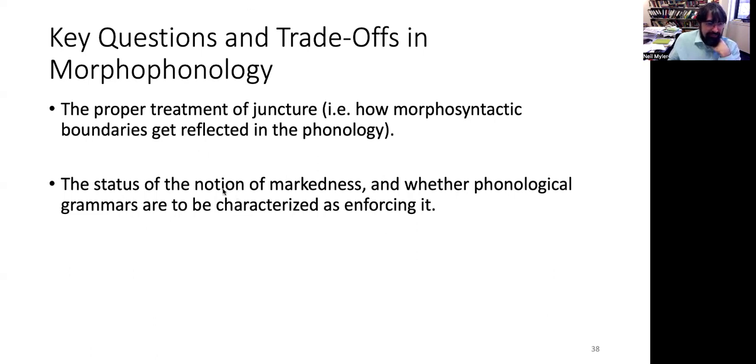I've made my opposition clear to a universal notion of markedness that's internal to phonology, as opposed to derivative of the tendencies of our parsers and utterance planners and motor planning. But this is a debate that continues, obviously.